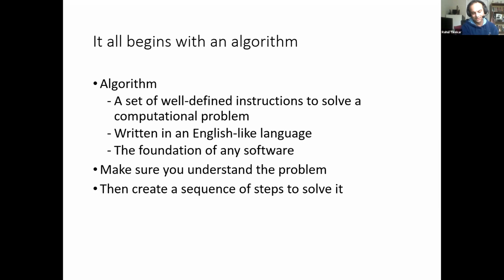So, for example, a recipe to bake a cake. Those are well-defined instructions, but you're not using a computer to solve that. So, an algorithm, we try to limit it to a computational problem, problems that can be solved on a computer. It's written in an English-like language, and that forms the basis for all software.